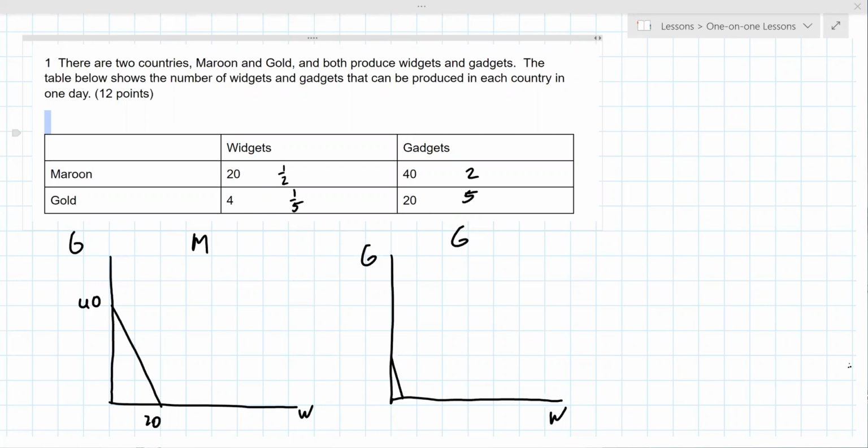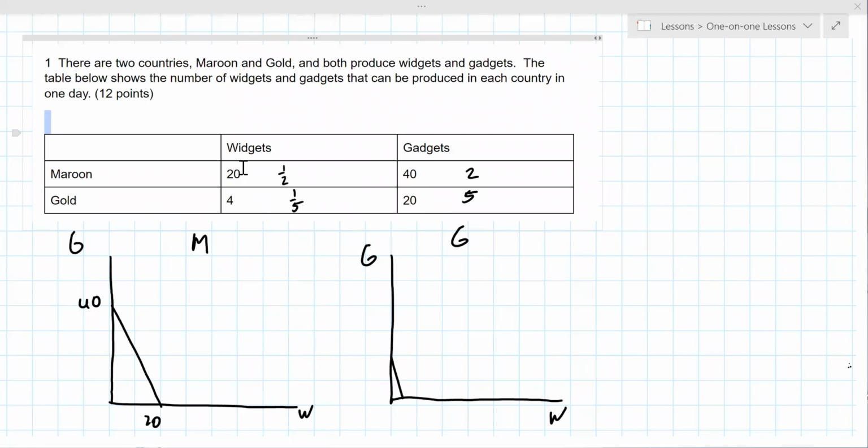And for E, with specialization in trade, which country will produce widgets? Explain. So you're just looking at the numbers. Gold is a lot better at making gadgets than widgets, so they're going to make gadgets for sure.